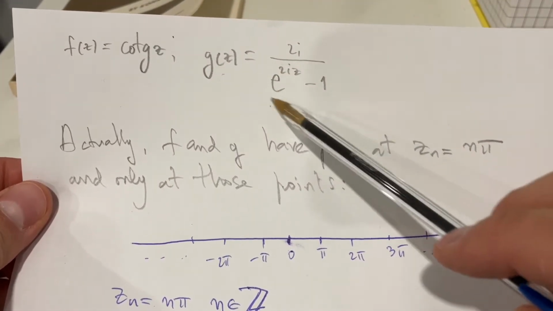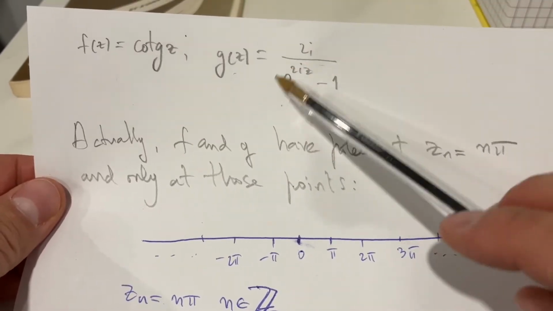All right, because at those points the denominator here becomes 0.